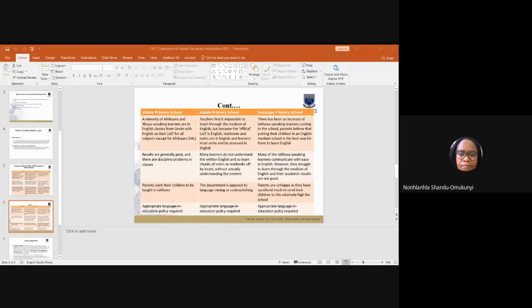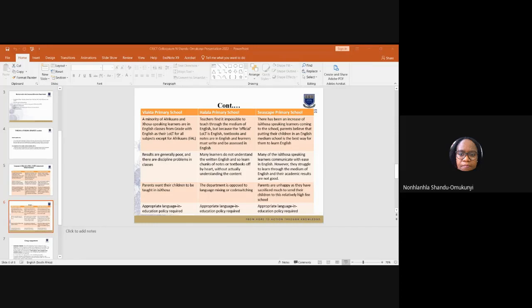Many Xhosa-speaking learners communicate with ease in English. However, they struggle to learn through the medium of English, and their academic results are not good. Parents in this school are not happy because they have sacrificed a lot because of the fees that are paid in the school.